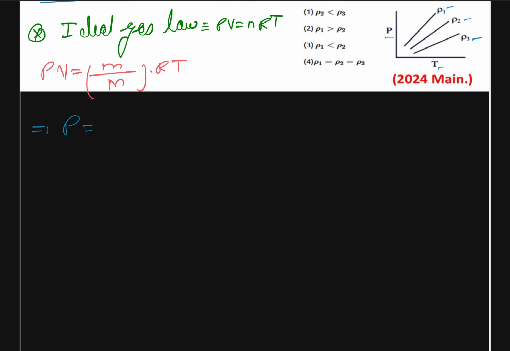So pressure will be equal to the given mass over volume times RT divided by the molar mass, and this comes to our density, rho RT over M. So if we look closely, we can say our pressure will be directly proportional to density given that the temperature is constant.